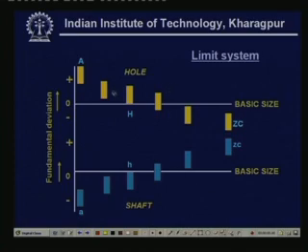I am just trying to say this is a clearance, snug, and very tight fit. Normally, people won't be referring to this zone. It's a very rare zone where you have this type of tight fits. Mostly, only very high hammering or pressurizing can keep two machine elements, namely a shaft and hole, in a mating condition. So this is what we understand by the limit system.